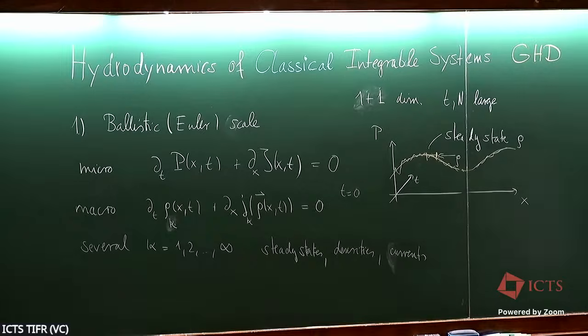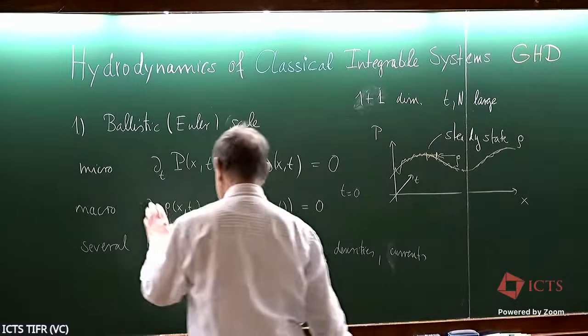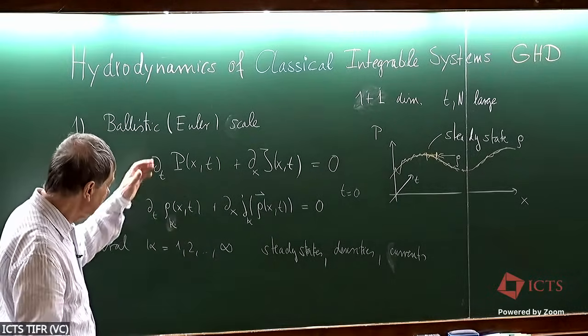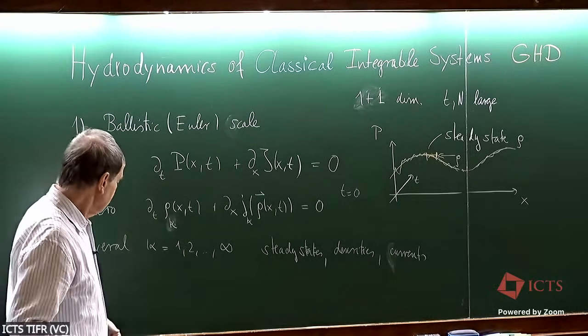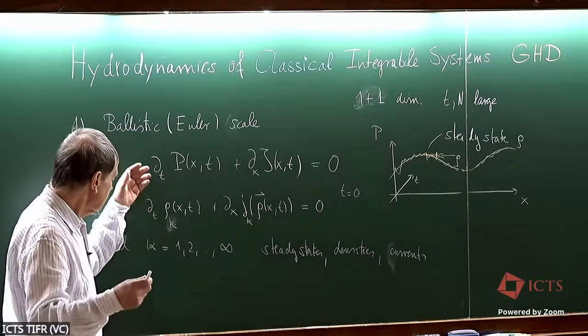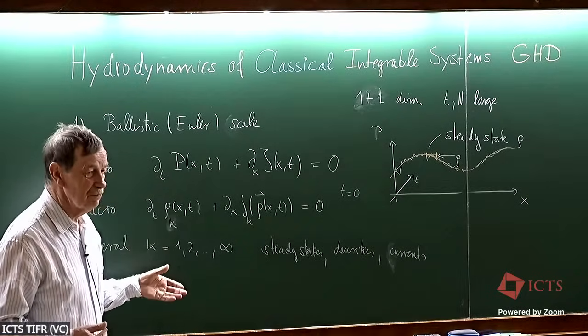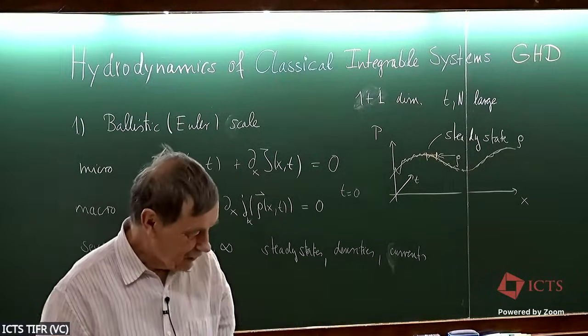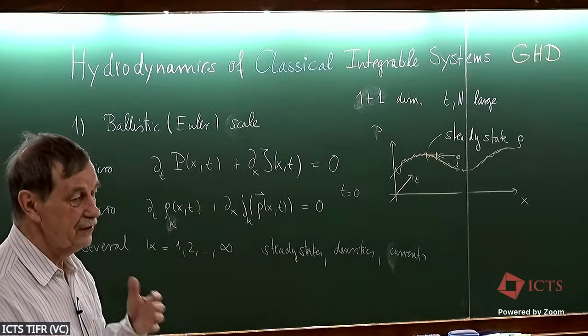Okay, so now there's one remark which I want to make. The way I wrote it, nature is arbitrary, and then maybe you can have systems with 17 conservation laws, but that's not the case. There's a dichotomy. You can have either few or you can have infinitely many.